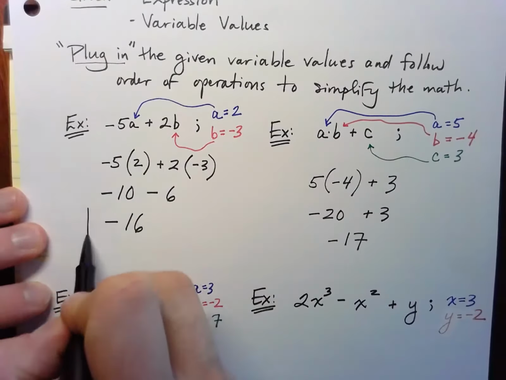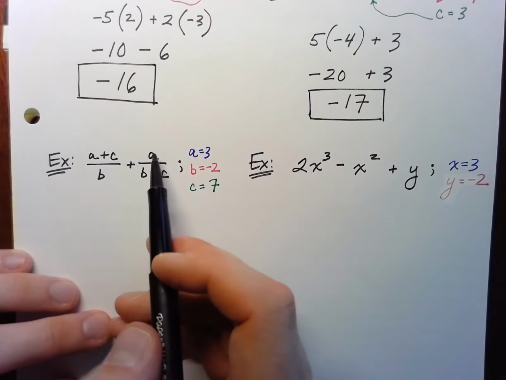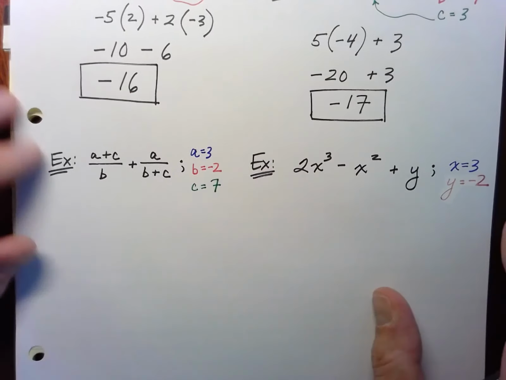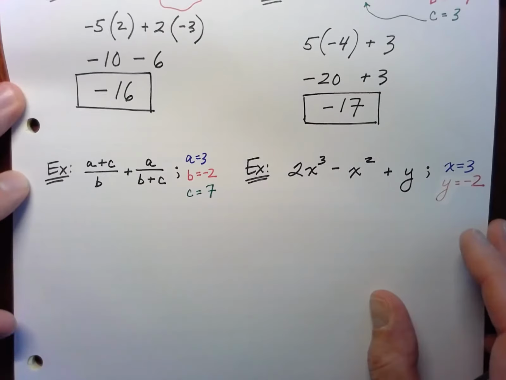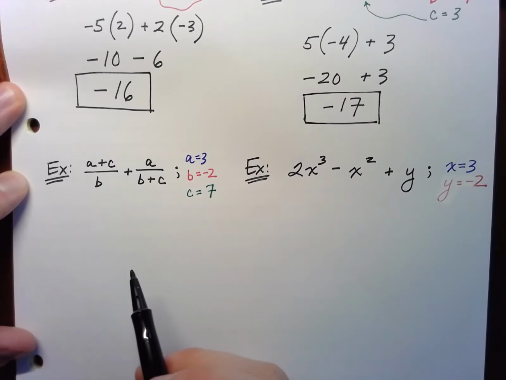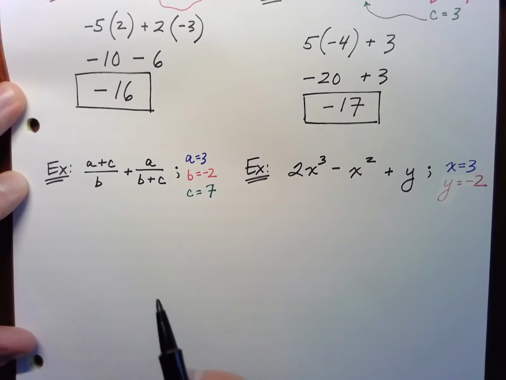A plus C over B plus A over B plus C. Now, if you think about the order of operations, multiplication and division take power over addition and subtraction. What that means for a situation like this is when you have addition or subtraction in a numerator or a denominator, those are actually locked in until you deal with the division.